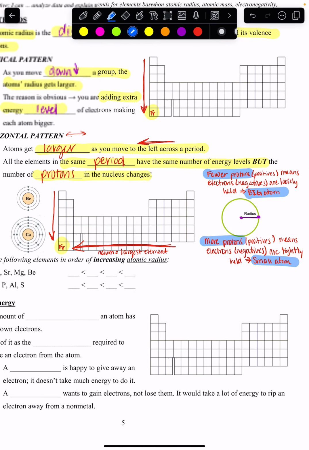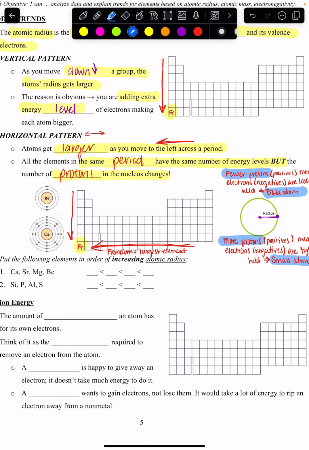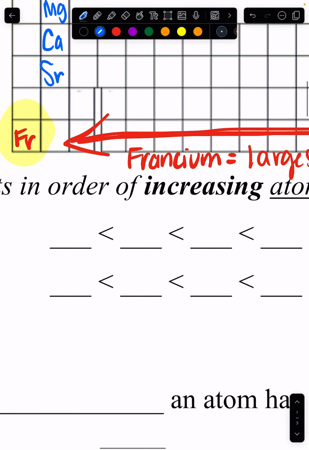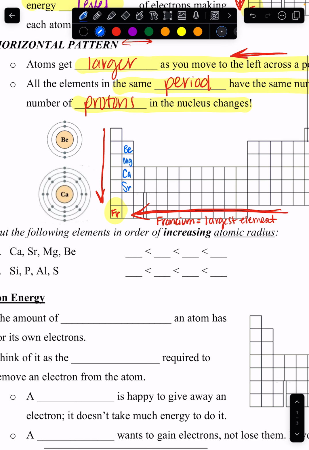Okay, so let's do an example. I have calcium, strontium, magnesium, and beryllium. We're going to go ahead and drop those on this periodic table so you can see. I want to tell which one is increasing to be the biggest size.